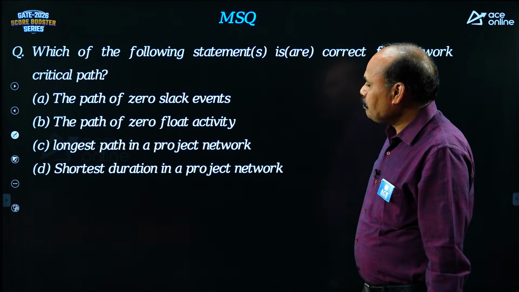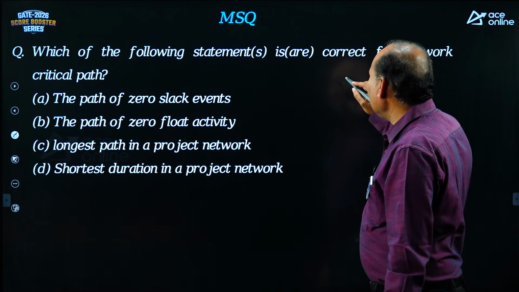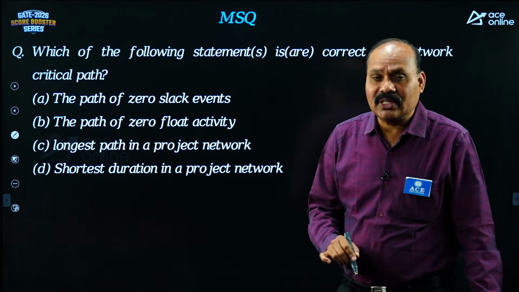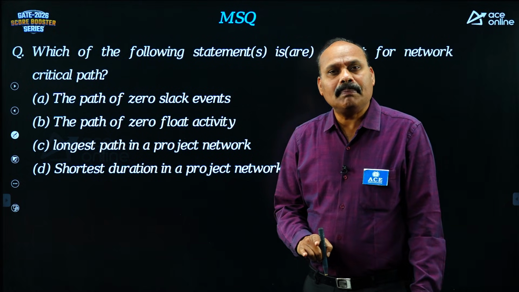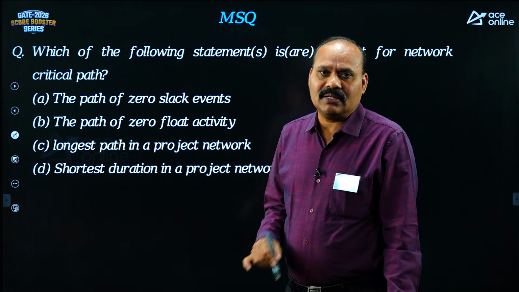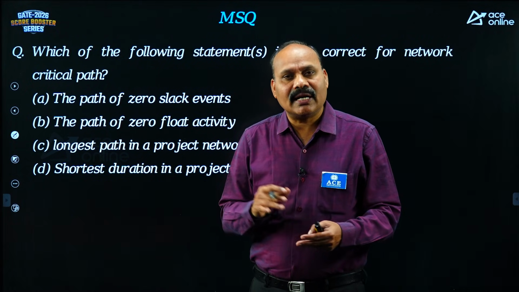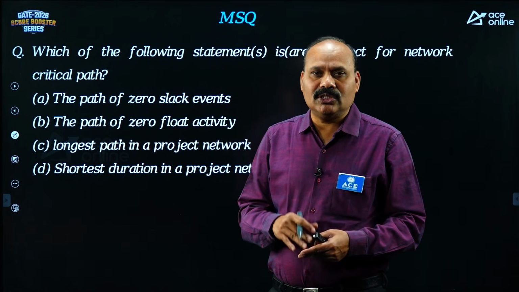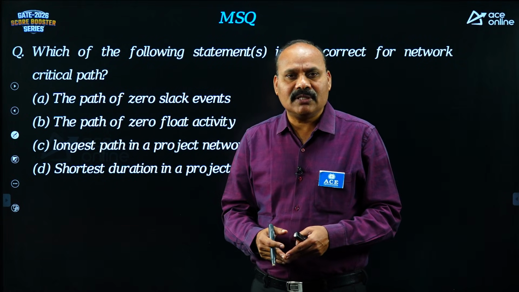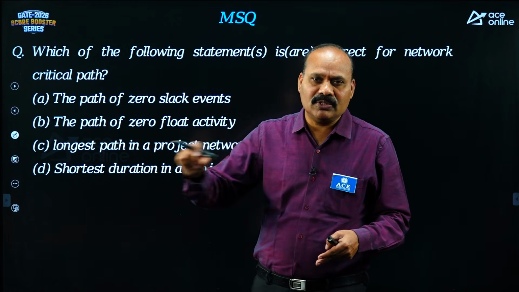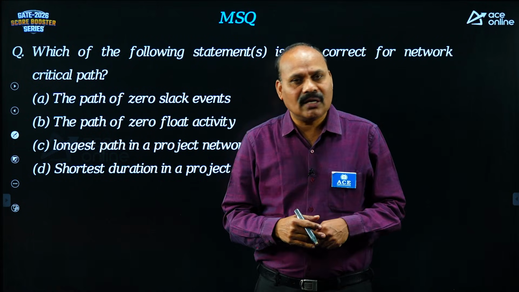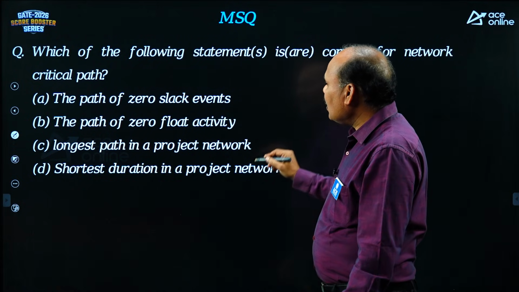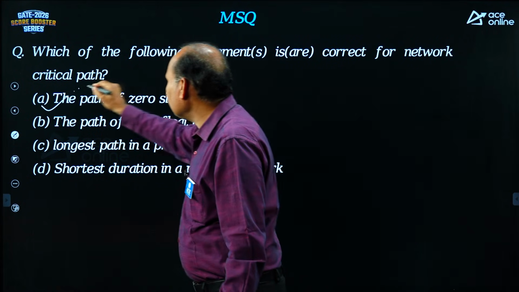Yeah, next question. Which of the following statements are correct for the critical path? Critical path is basically the longest path. It contains critical activities and critical events, zero float on the critical path, zero slack on the critical path, total float 0, total slack 0. These are the conclusions. The path has 0 slack, correct?